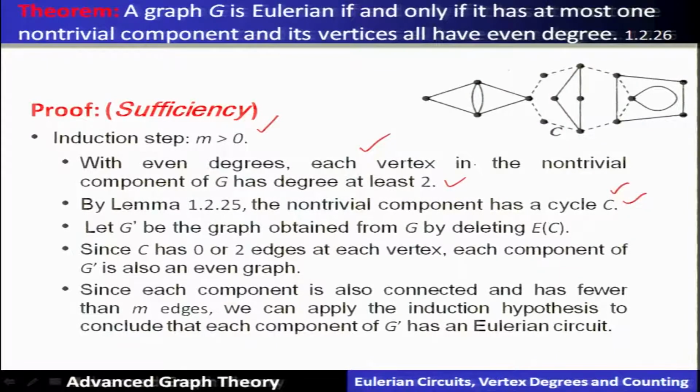Now, let us remove this cycle from the graph G, and we obtain G prime, the graph obtained from G by deleting that particular cycle.